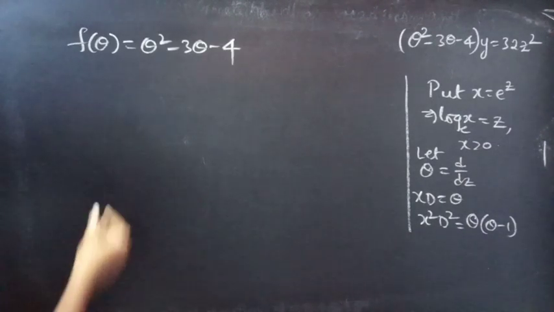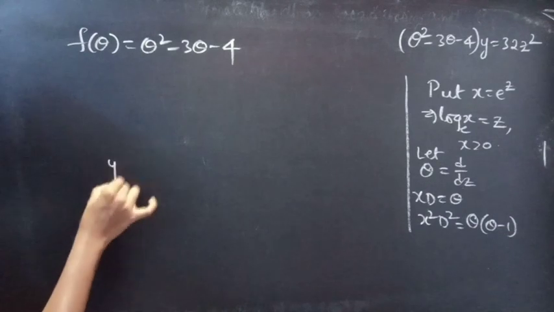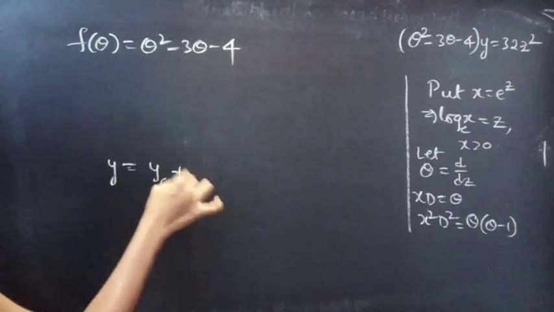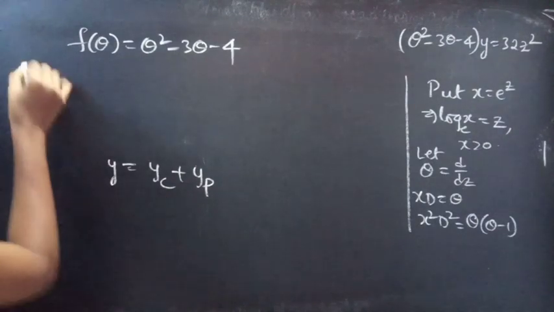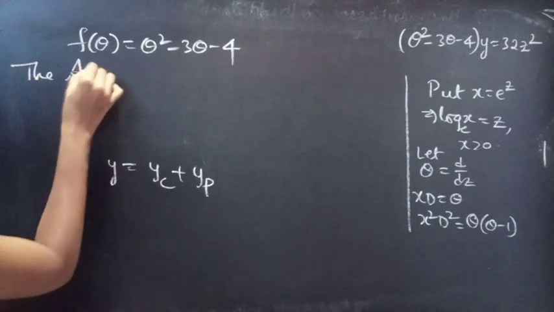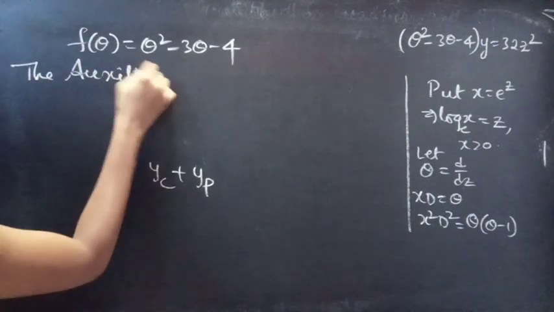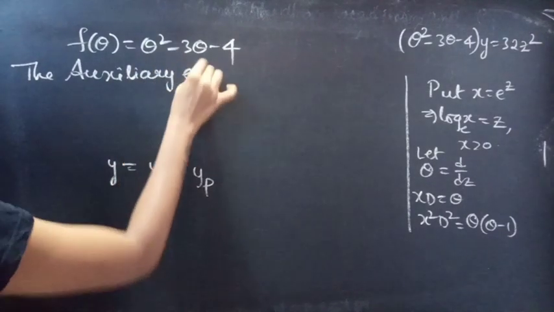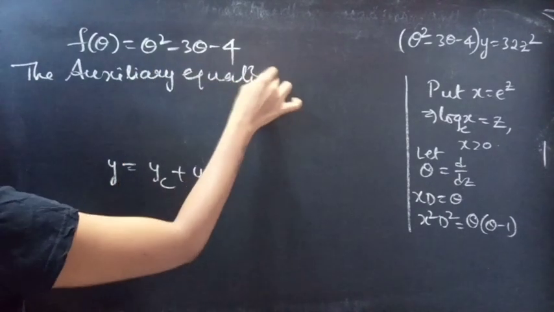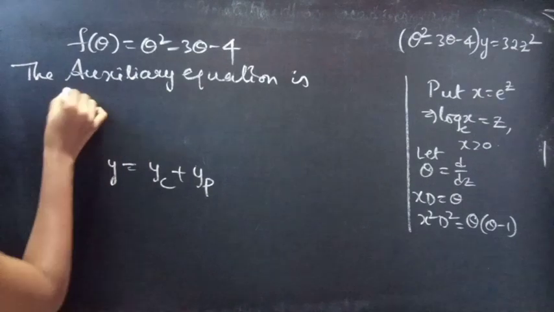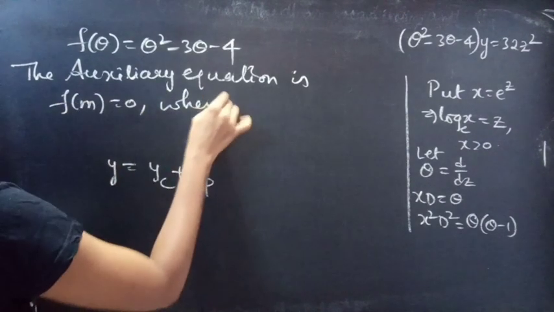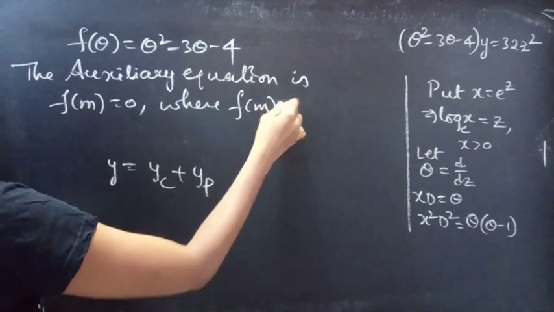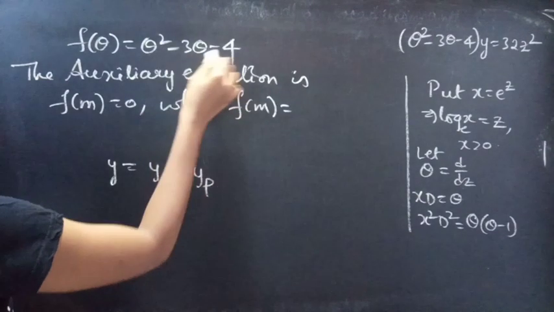We need to find the general solution of the given equation, which is given by yc plus yp. Let's now find yc and yp. The auxiliary equation is f of m equals 0, where f of theta is theta squared minus 3 theta minus 4, right?